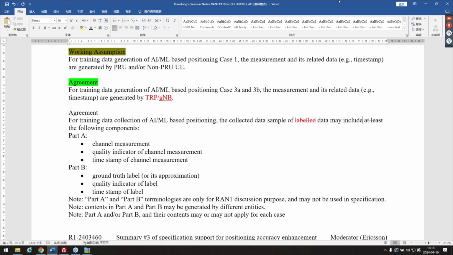Maybe quality you can say is optional, but the measurement is not optional. At least means mandatory. Oh, I was just saying that "may include" makes it feel like all of the components are optional, but at least the channel measurement in part A and ground truth label in part B are not optional. They have to be there.